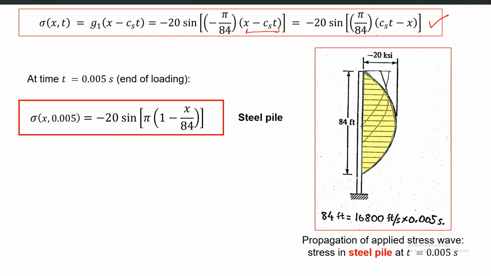Now let's plot that function and see how the stress will propagate from top to bottom, produced by a sinusoidal impulse loading caused by a drop hammer at the top. Because we know that the applied loading was P of t and it was ending at 0.005.